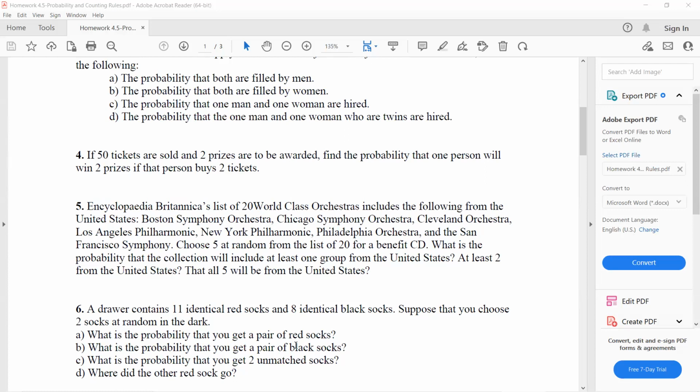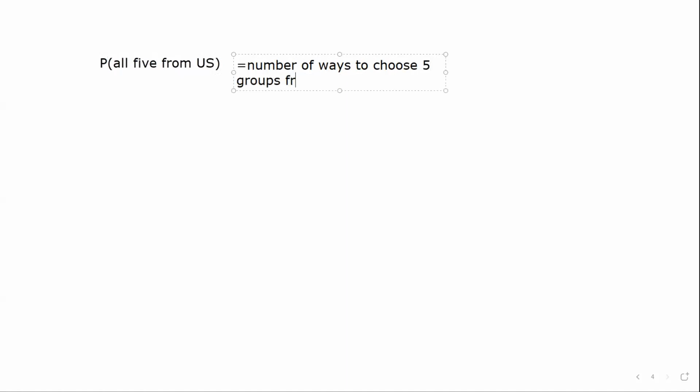So here, the probability that all five are going to be from the US is just going to be the number of ways to choose five groups from the US over the total number of ways to choose five groups.